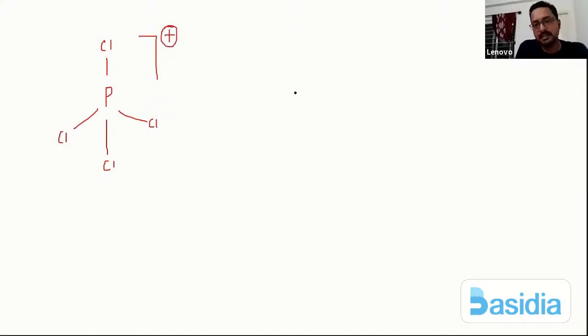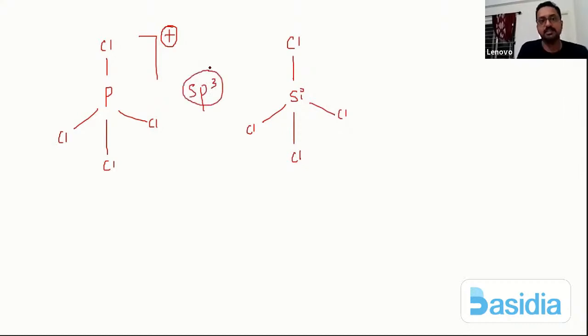The SiCl4 will also have a similar structure. What is the reason? The reason is they have the same hybridization. So again, you will find that these are isostructural with each other.